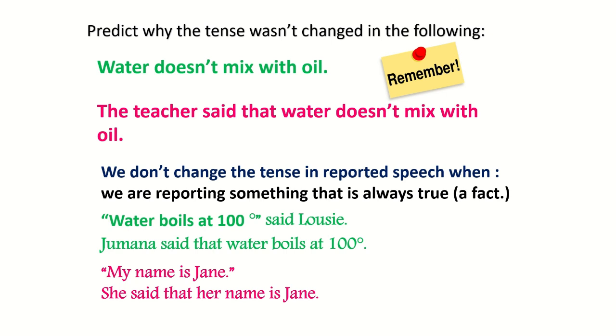"Water boils at 100 Celsius," said Jumana. Jumana said that water boils at 100 Celsius. "My name is Jane." This is a permanent situation. This is always true. She's not going to say that she said that her name was Jane. Her name is Jane.